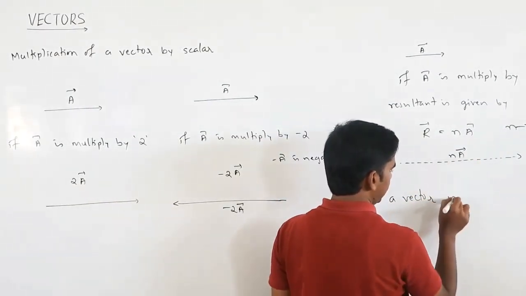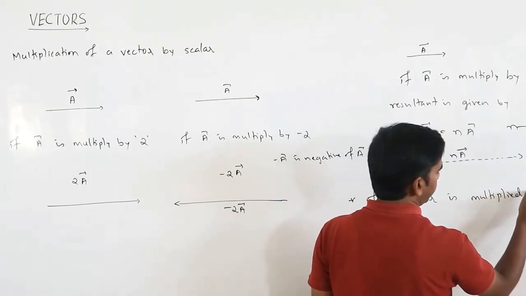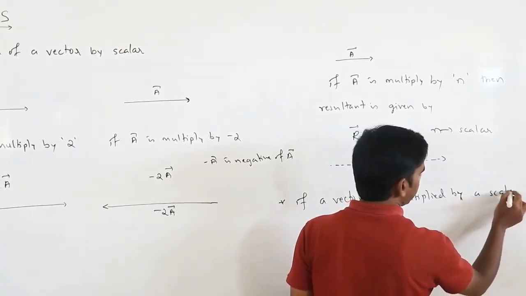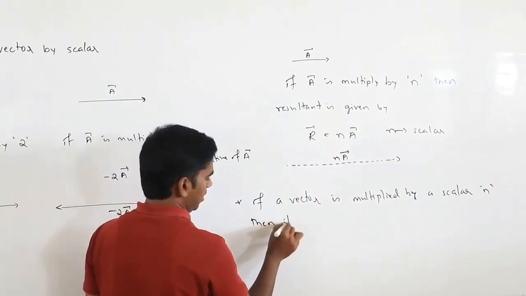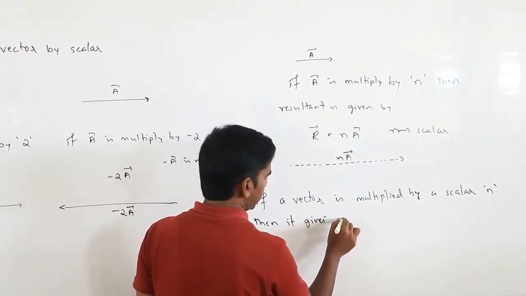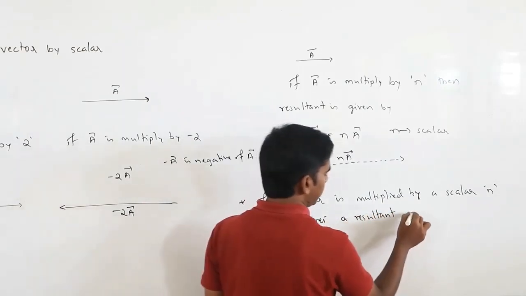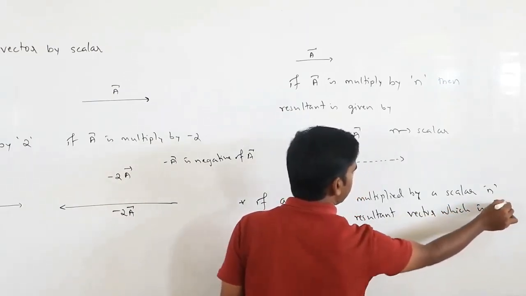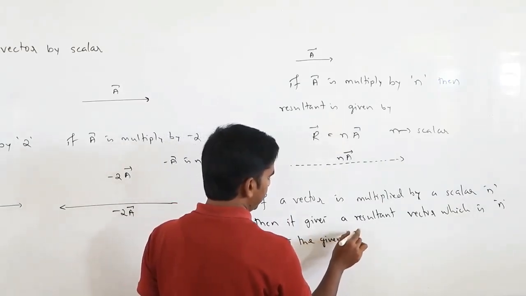So if I want to write a sentence over here: if a vector is multiplied by a scalar n, then it gives a resultant vector which is n times the given vector.